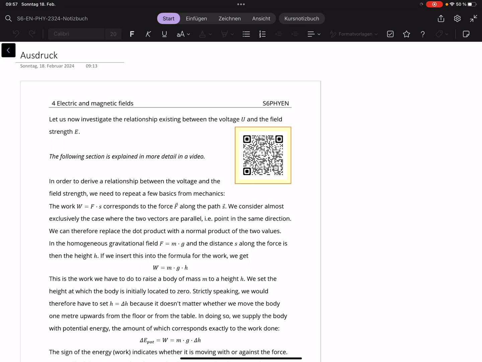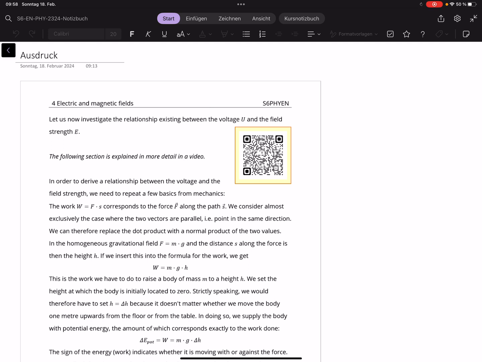As we have learned before, we can generate charges by friction. Another possibility is a voltage. A voltage is a potential difference, and this is always followed by some kind of charge.